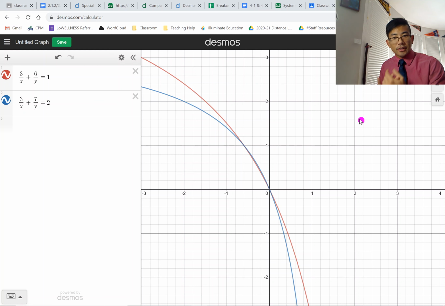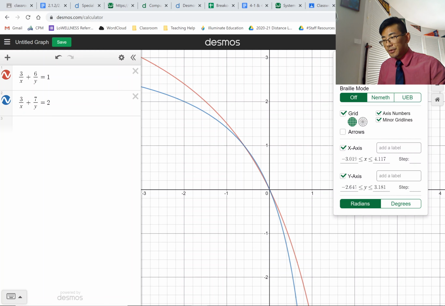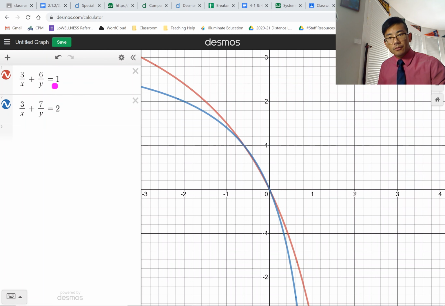Last thing we could do is check the graph. I took those equations and threw them into Desmos here, and we could see where they cross, and that would be the solution. It's hard to see here because they're so close together.